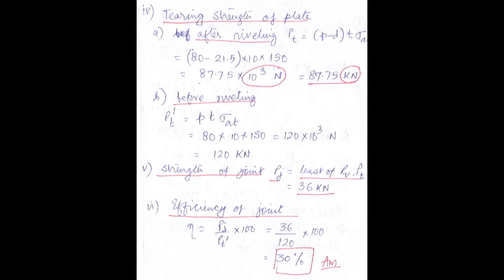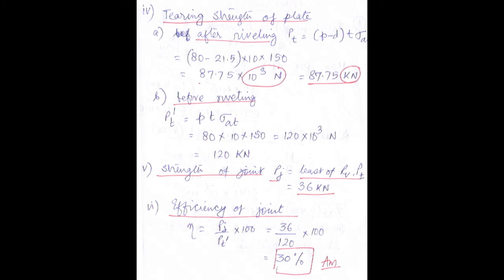Here I am putting the value of PJ as 36, which means 36 kilonewton. So while putting the value of PT dash, we should also put it in kilonewton. So 36 by 120 into 100 gives us 30%. So the efficiency of the single rivet lap joint for this problem is 30%.